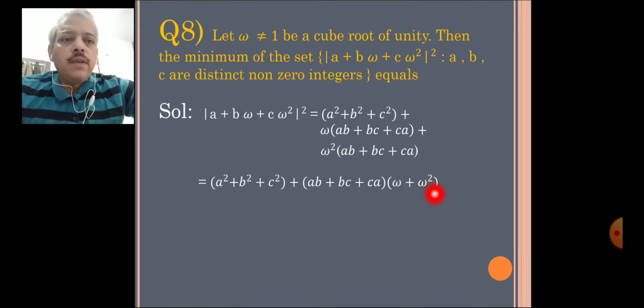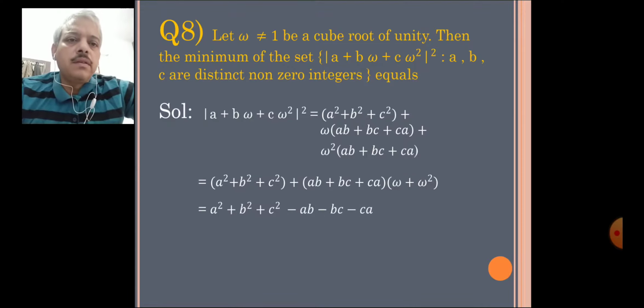Now we know omega plus omega square is minus 1, as we know 1 plus omega plus omega square is 0, so omega plus omega square will be minus 1. So the expression will become a square plus b square plus c square minus ab minus bc minus ca.